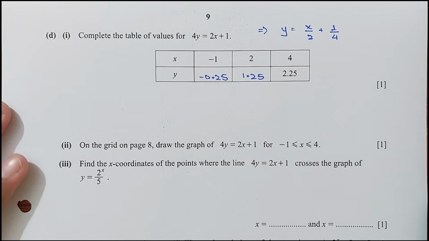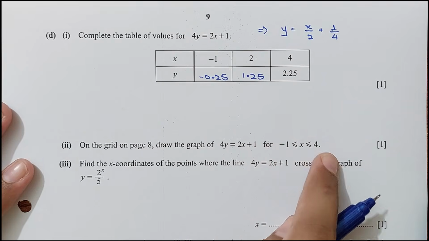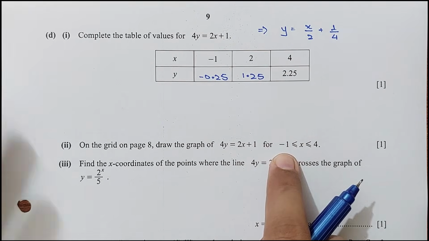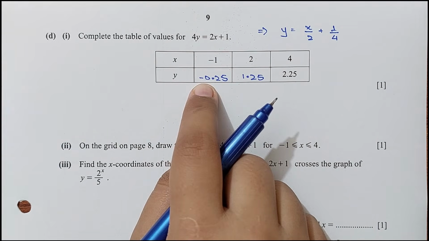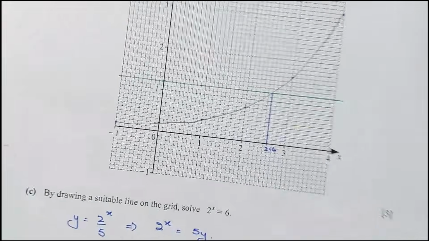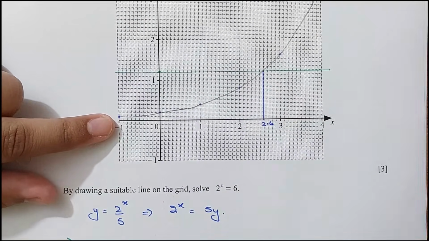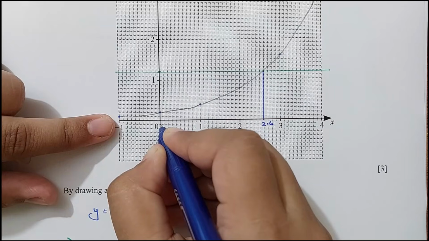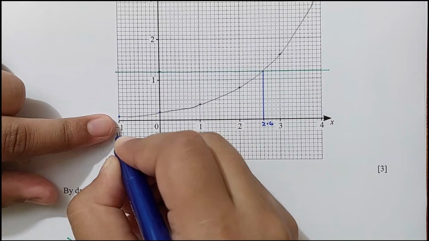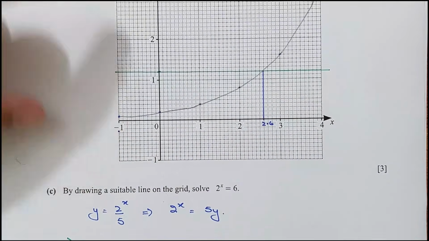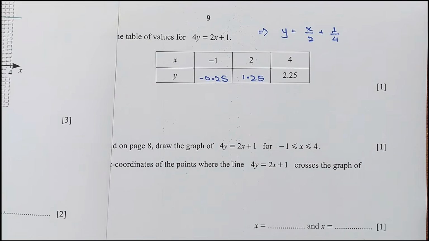Now for the second part, on the grid on page A, draw the graph of this function for x between -1 to 4. When x is -1, y value is negative 0.25. Here x is -1 and y value is minus 0.25. The next is when x is 2, y is 1.25.